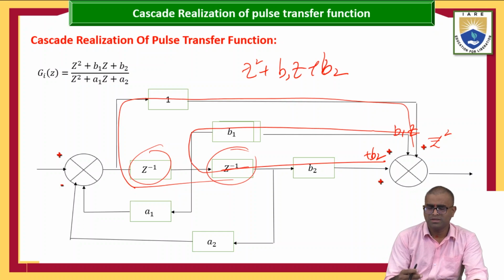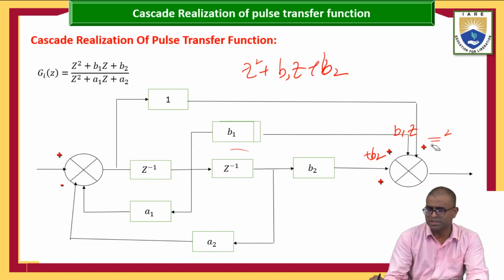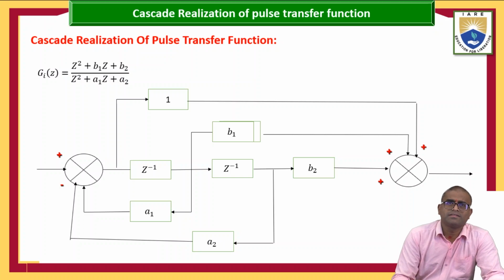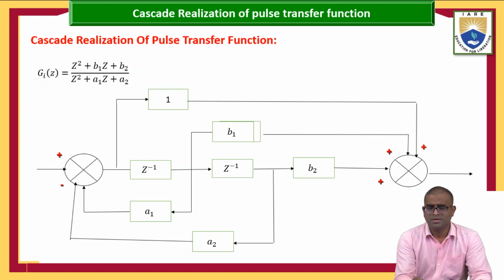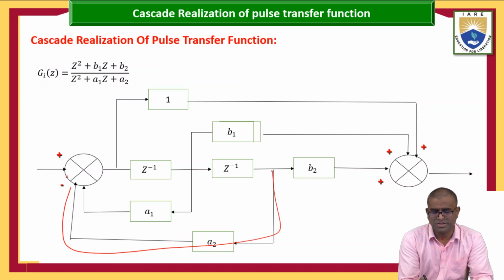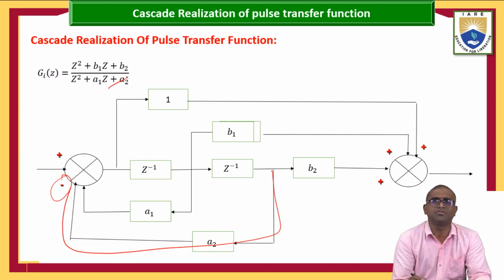Coming to the negative feedback path, that is the characteristic equation or poles of the function, the power will also be 2. Now coming to the first term, that is the constant term A2. It is a constant A2 with negative feedback, that's why it is coming as positive.